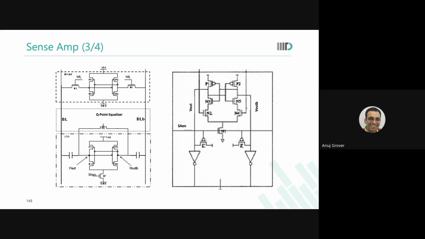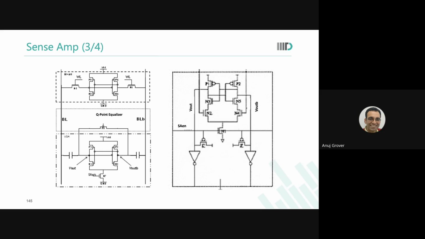It's stacked. The stack is now longer. There are 3 NMOSes in the stack now instead of 2. So it is slower. It's a density versus speed trade-off.